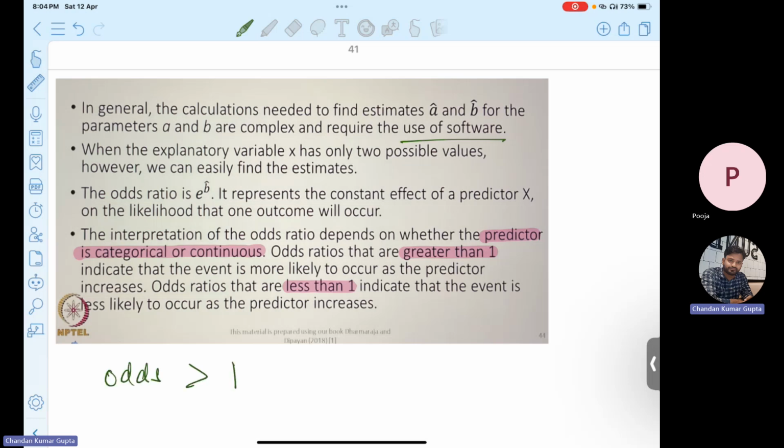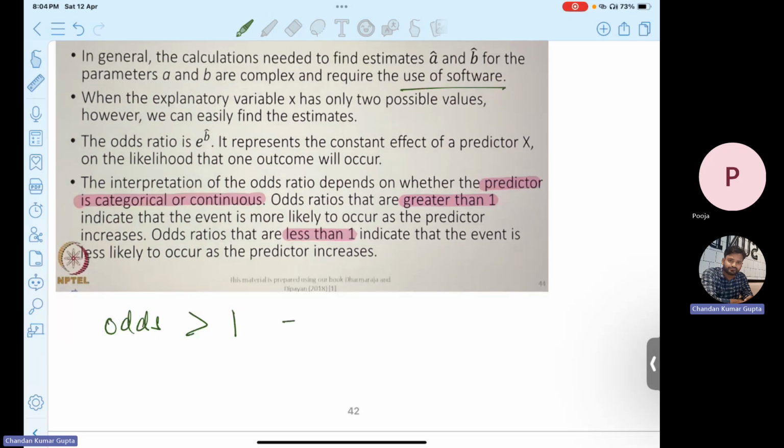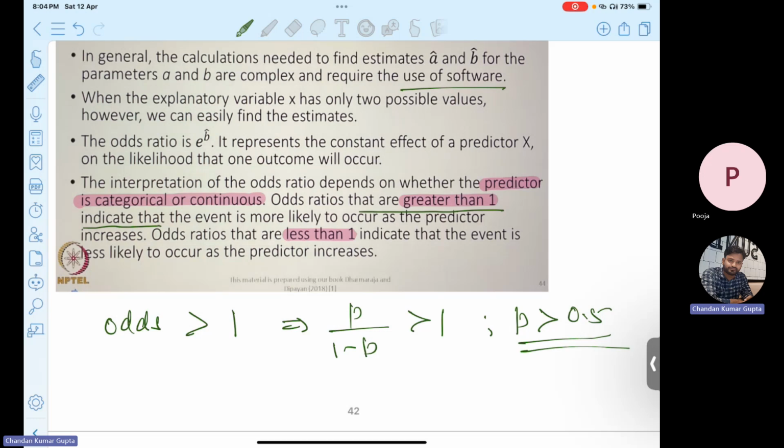Odds is p upon 1 minus p, greater than 1. That means p is greater than 0.5. This implies the probability of success is more as compared to the probability of failure. So obviously, odds greater than 1 indicate that the event is more likely to occur.